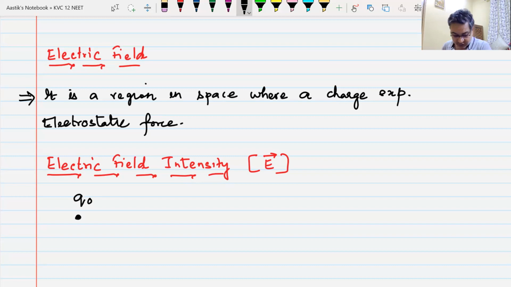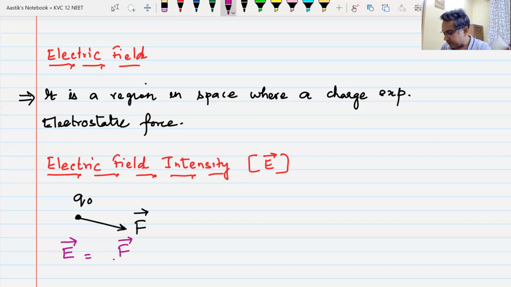If there is electric field, this test charge will experience an electrostatic force. As soon as you see that the test charge experiences the electrostatic force, this electric field will be force per unit charge.